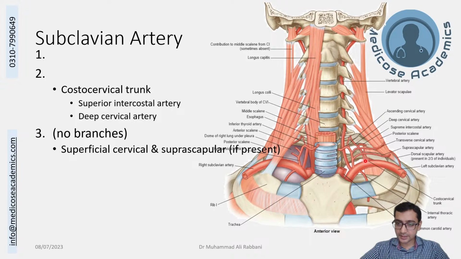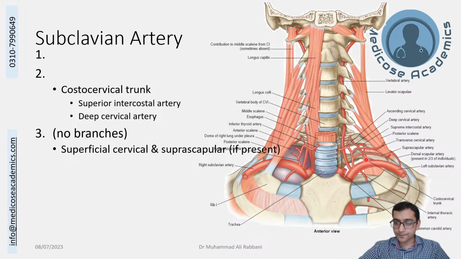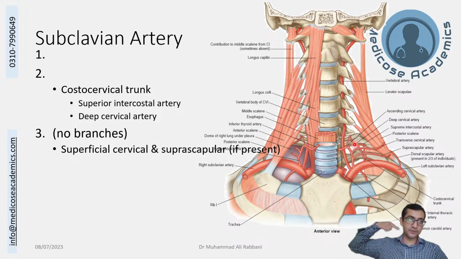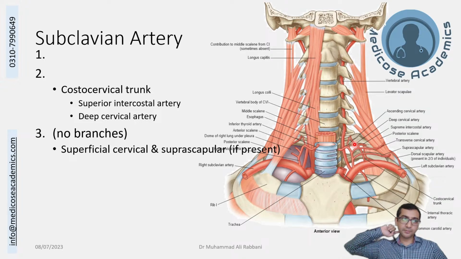It arises just behind the scalenus anterior and goes back over the root of the lung, the costocervical trunk, and it gives rise to two branches. When it goes back, one branch moves down and one branch moves up on the back aspect of the neck. The branch that moves up is the deep cervical artery.